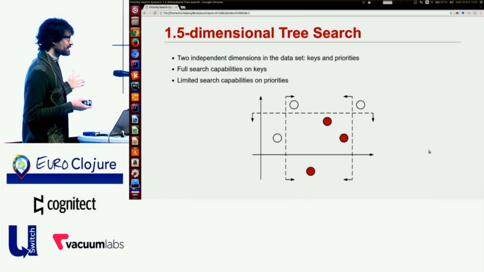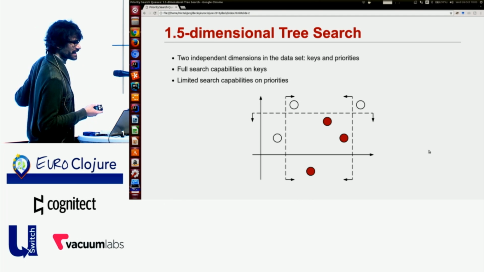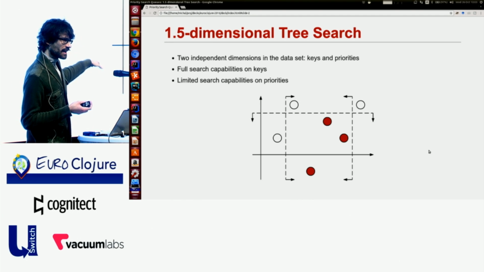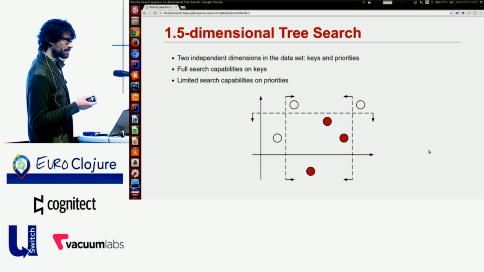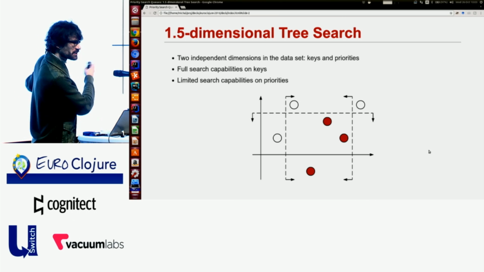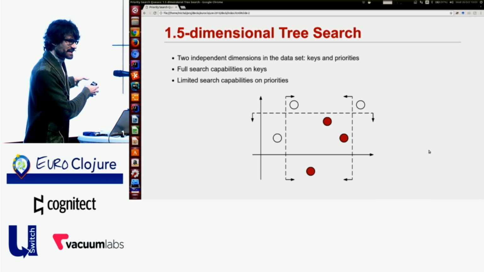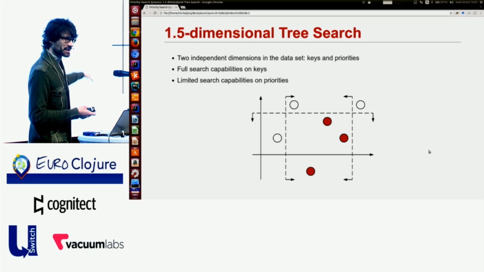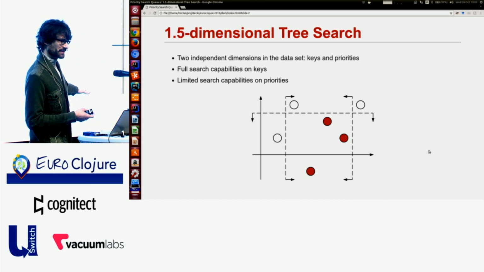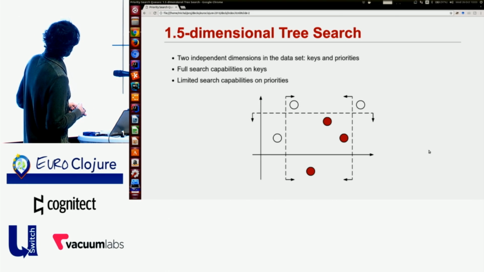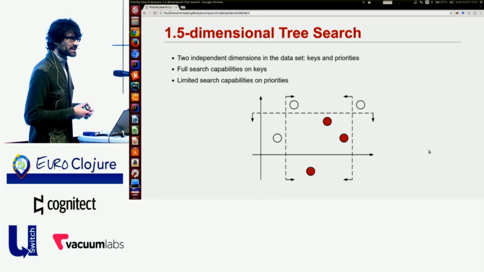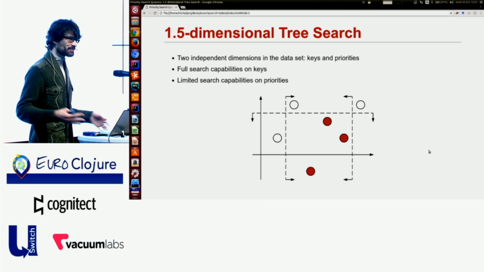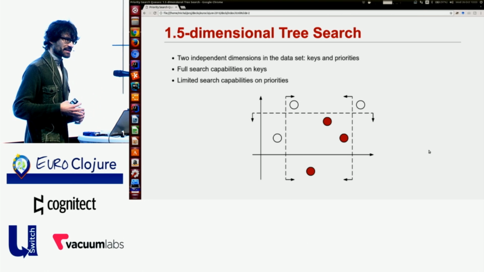But on the other dimension, they support less powerful search, so that while on the key dimension you can specify two endpoints to range, along the priority dimension you limit it to specifying an upper bound, and so you get to query your data structure for those entries that fall within an infinite rectangle of sorts, and it's infinite because you cannot provide the bottom boundary. So hence the name 1.5 dimensional tree search, right? It's search in one direction that's full powered, search in another dimension that's only half powered, and then you get to combine them.